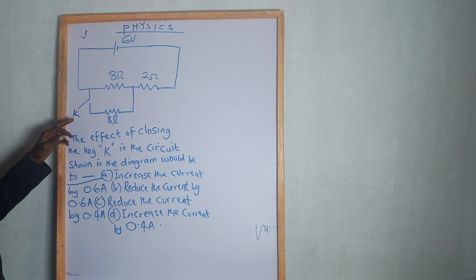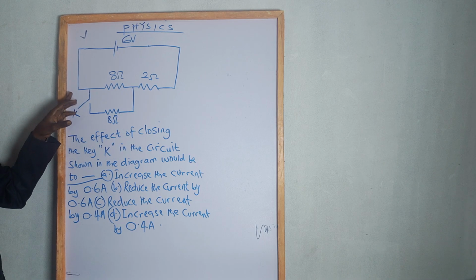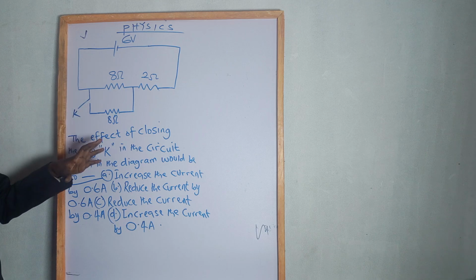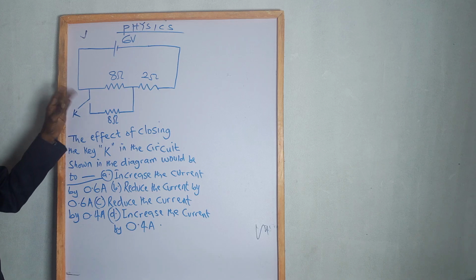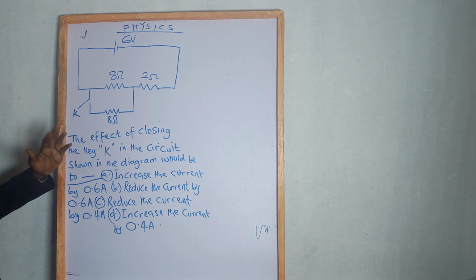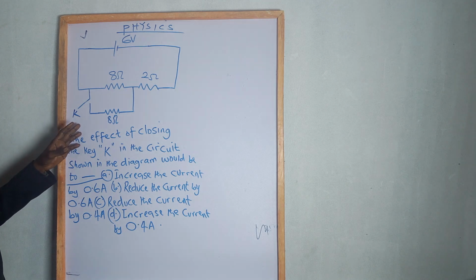When you close the key, you are completing the circuit and allowing current to flow across. When you open the key, you are breaking the circuit, so you are excluding that particular part of the circuit.